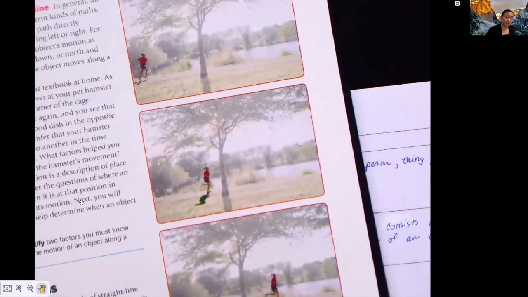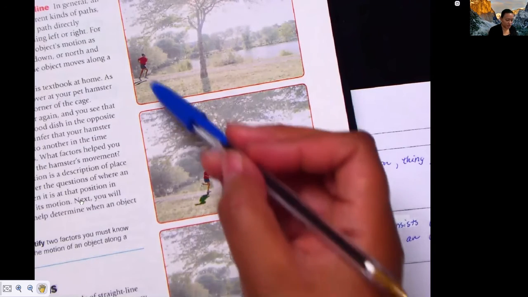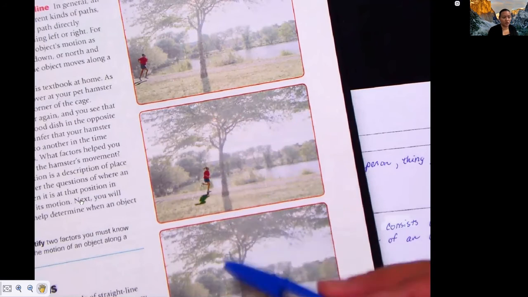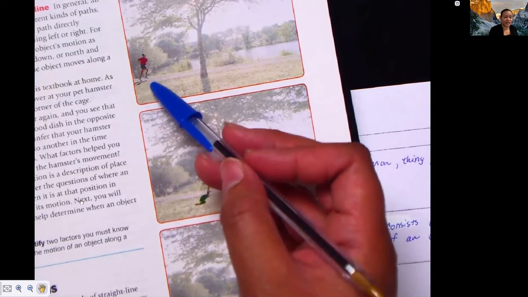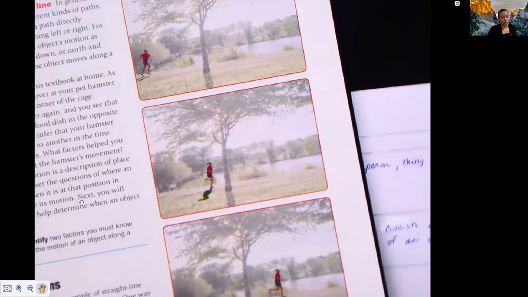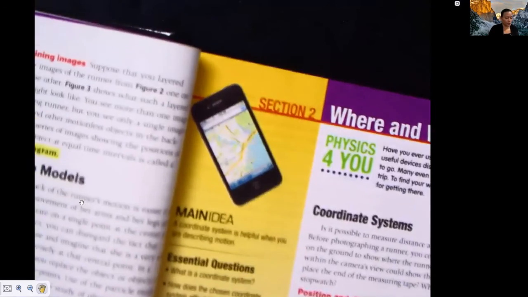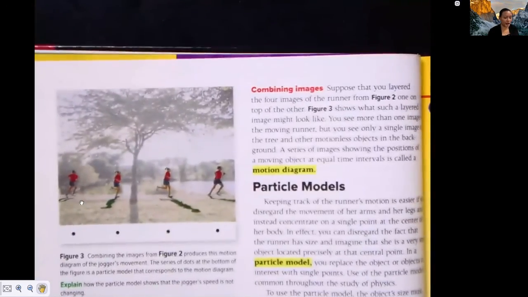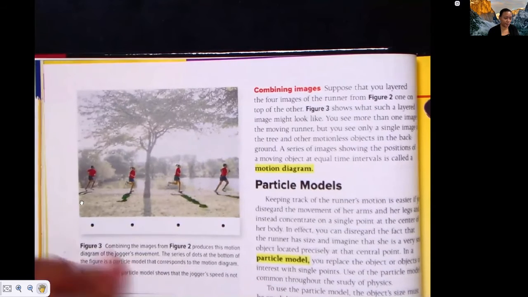But they are taken at very specific time intervals. It could be a picture is taken every second on the second. So this might be at 1 second, this could be at 2 seconds, this could be at 3 seconds. So your pictures are taken at regular time intervals. Then if you overlap them, you get this. So this is an example of a motion diagram.